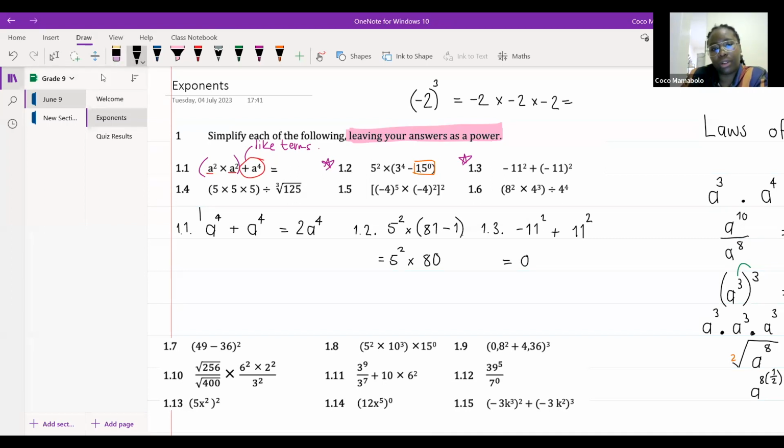What's a negative times a negative? It's a positive. Good, and then the positive times a negative will give me? Negative. Good, so I'm going to get negative.